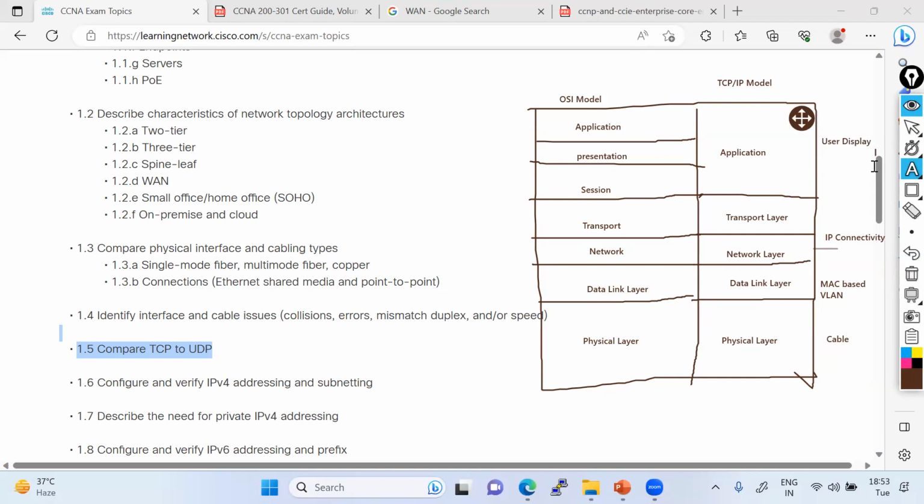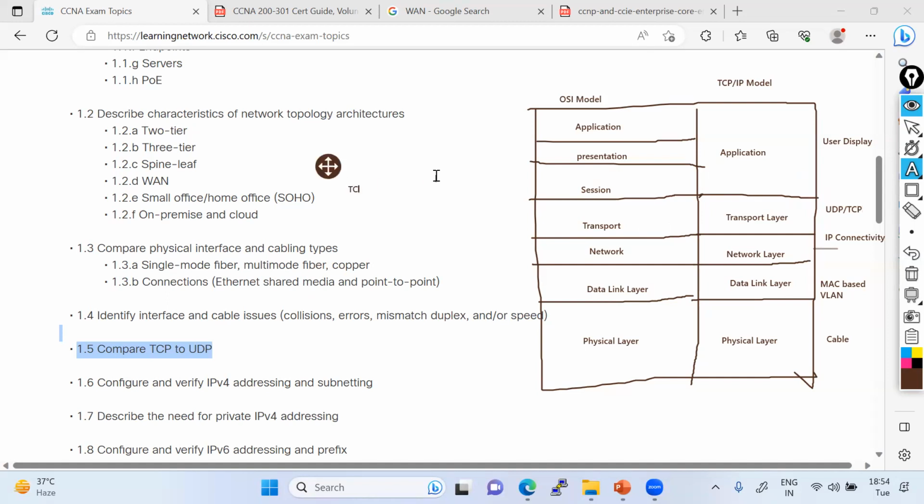And this is the actual user display, that is the application. So what is the transport layer? The transport layer is responsible for the two protocols we have, UDP and TCP. We maintain the port communication, different ports communication. TCP and UDP work on the transport layer.